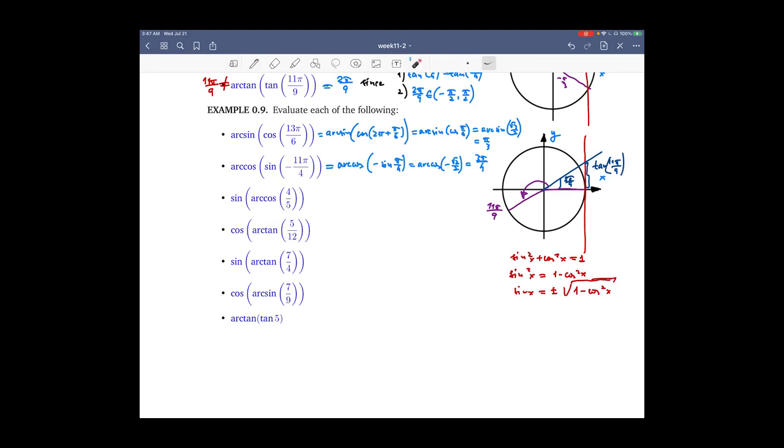And so if I use this here, where instead of x, I have arc cosine of 4/5 in this formula, that will really be plus minus square root 1 minus cosine squared of arc cosine of 4/5.